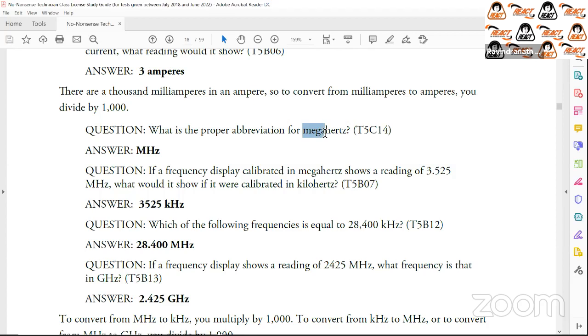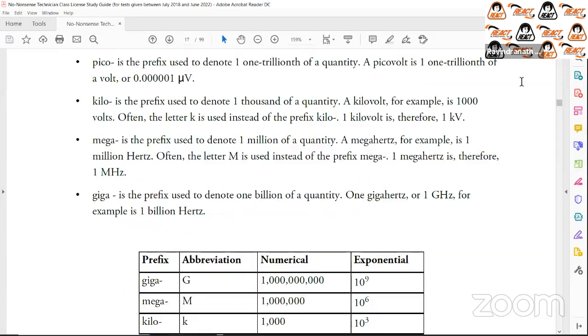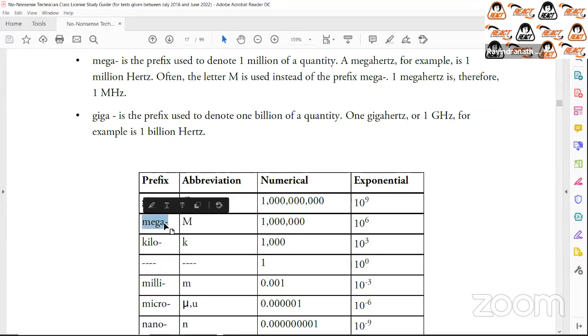So for this lesson, what we are looking at is what is the prefix that we use when we say mega something. So if we were saying a megawatt, it will be mega, large M, followed by a W for watt. Similarly, they are asking us that question.